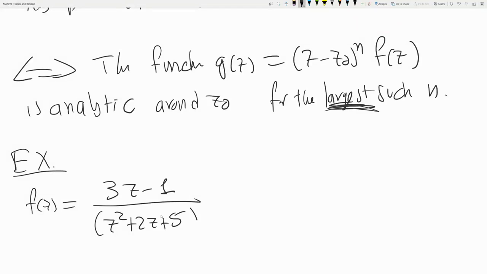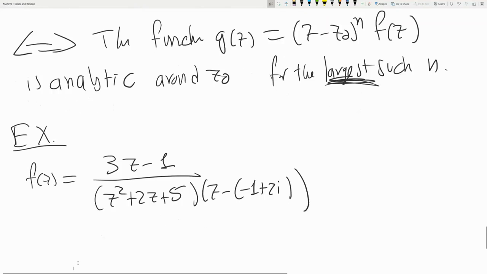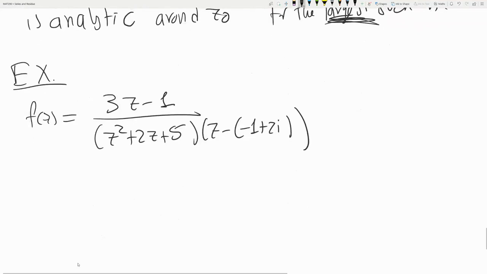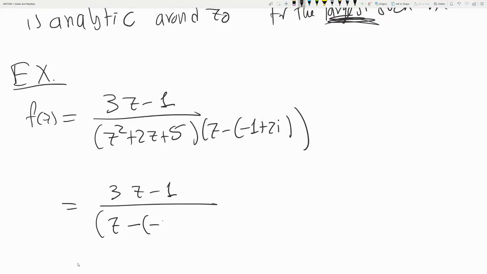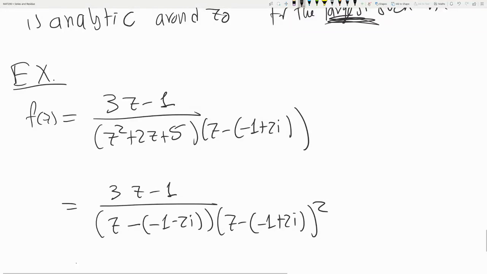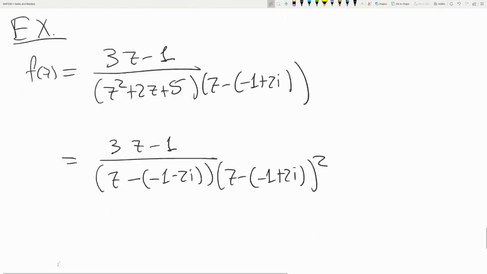All right, this looks quite complicated. So first let's find all the poles, which are the zeros of the denominator. If you factor it out, I took this from the book, you get z minus, minus 2 plus I, squared. Okay, so that's your function.